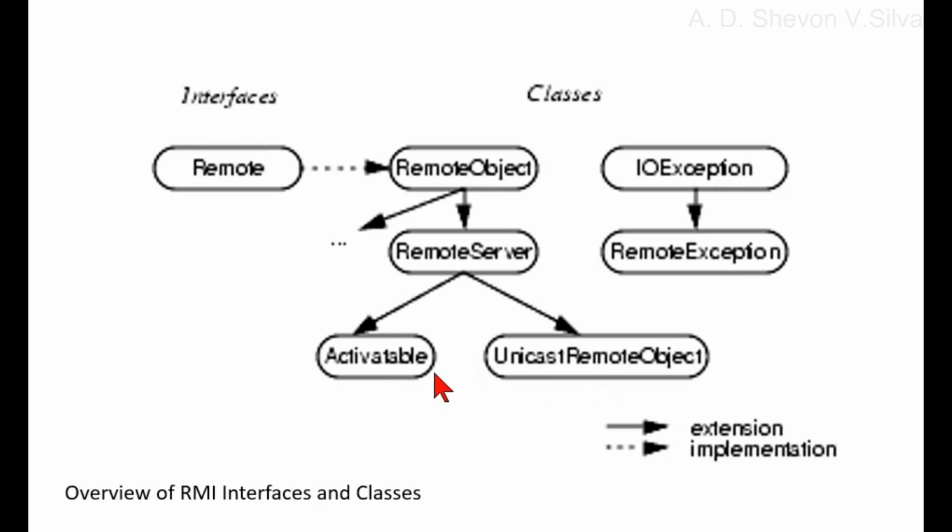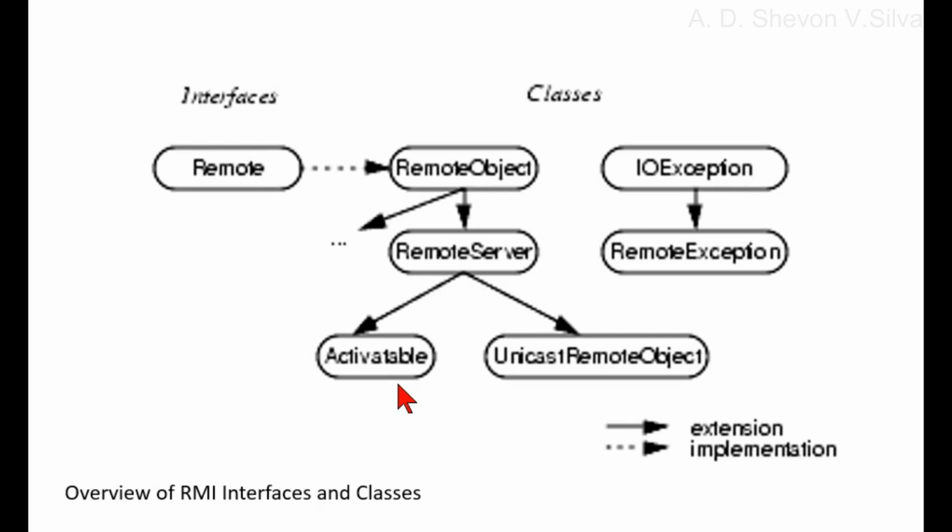The subclass identifies the semantics of the remote reference, for example whether the server is a simple remote object or an activatable remote object, one that executes when invoked.